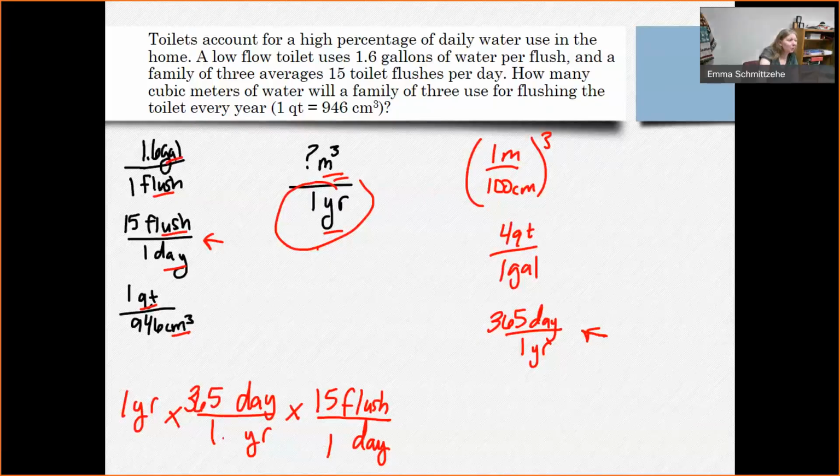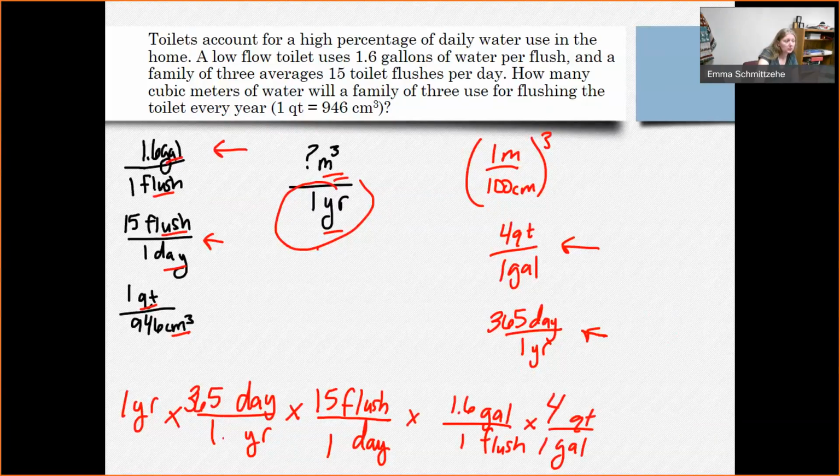And then I can convert flushes to gallons. So there's 1.6 gallons per flush. And I can convert gallons to quarts. So there's 4 quarts in a gallon. And I can convert quarts to cubic centimeters. I'm going to run out of space because I wrote way too big.